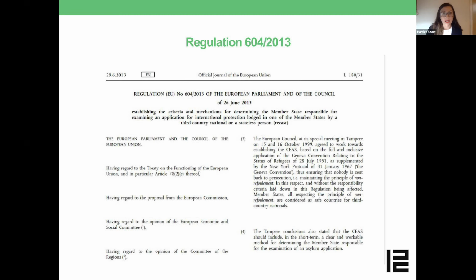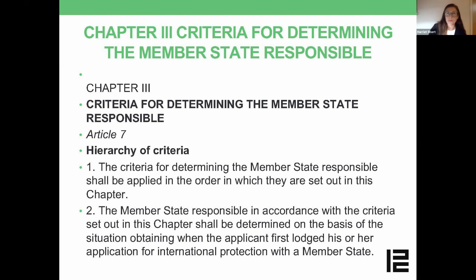What's in the regulation? It sets out a process for handling requests to transfer responsibilities between participating states. It gives procedural rights and time limits. And Chapter 3 gives a series of criteria which are applied hierarchically from Article 8 to Article 15 in order to determine which member state is responsible for determining an asylum application.